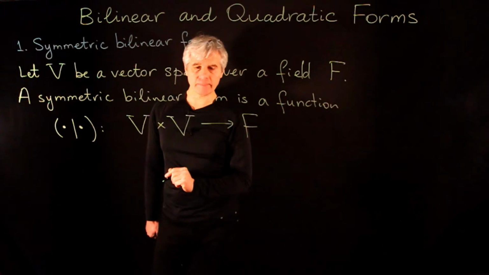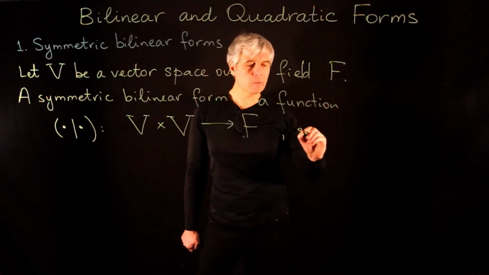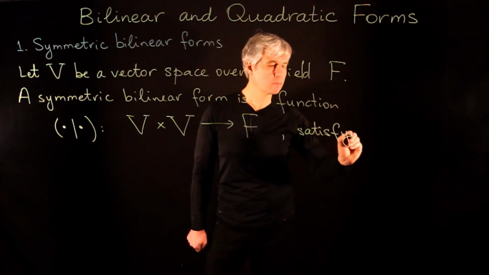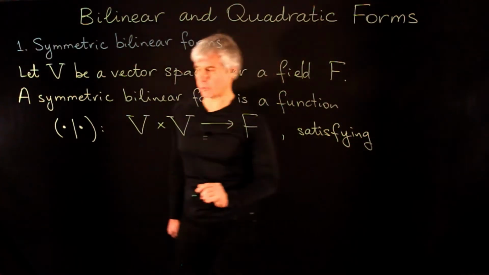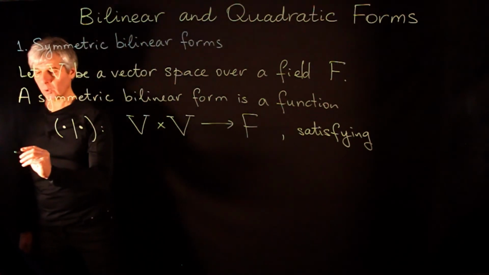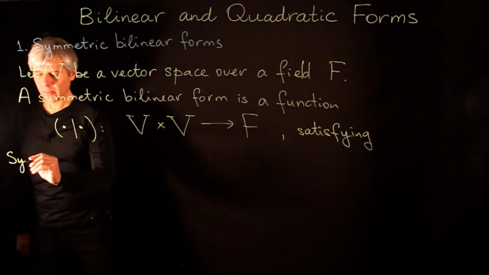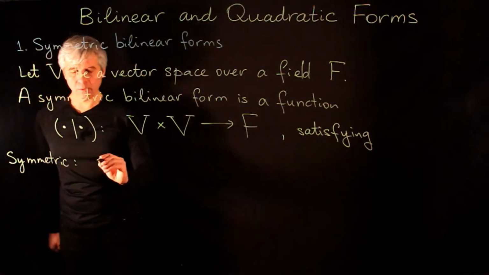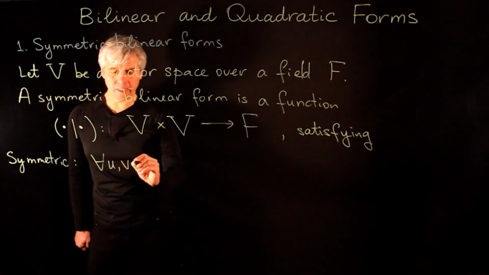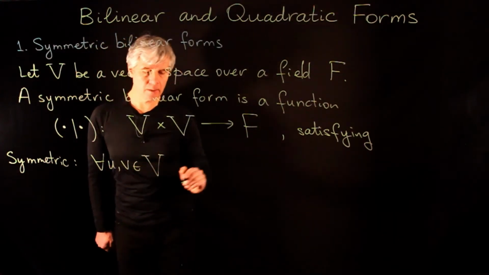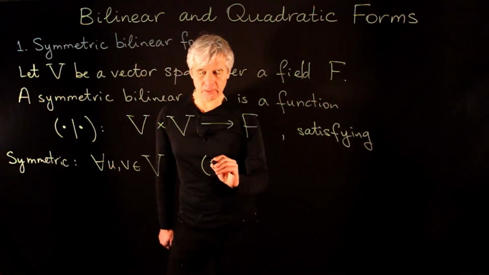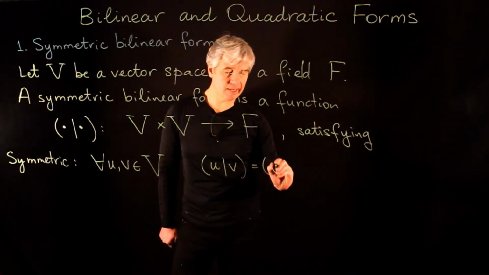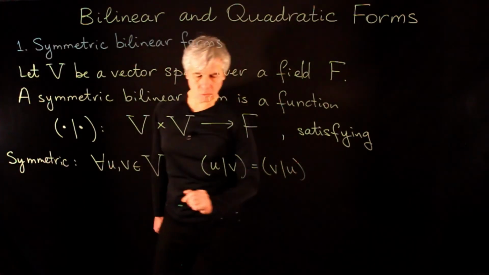inside these parentheses. And we will require that these functions satisfy certain axioms. So first of all, it's symmetric. That is, for all u and v in the vector space V, the value of this bilinear form on u, v is the same as the value on v, u.